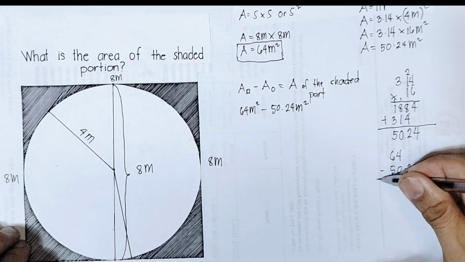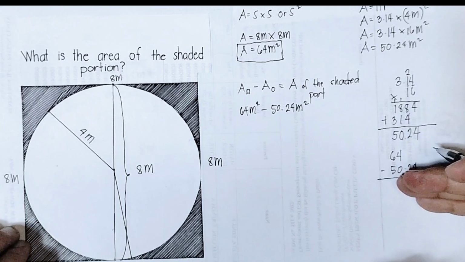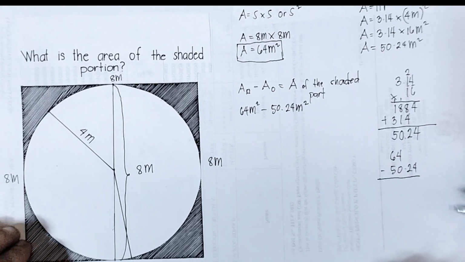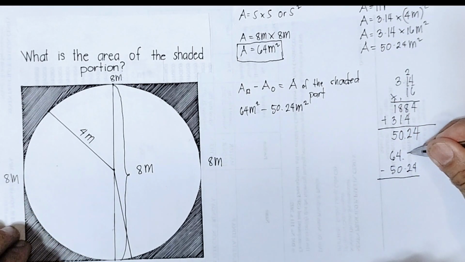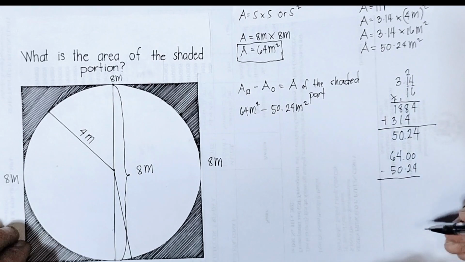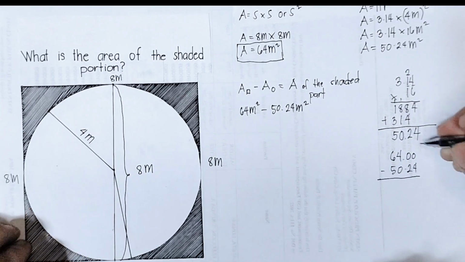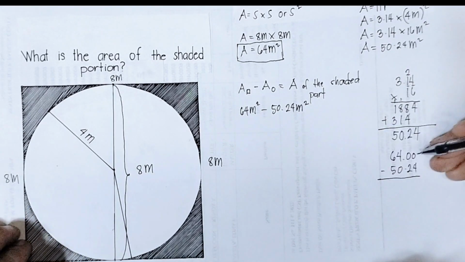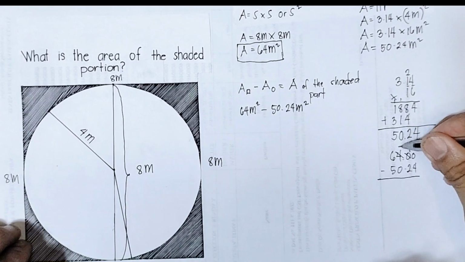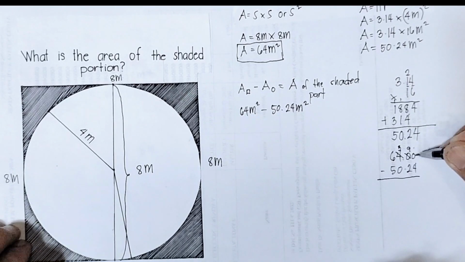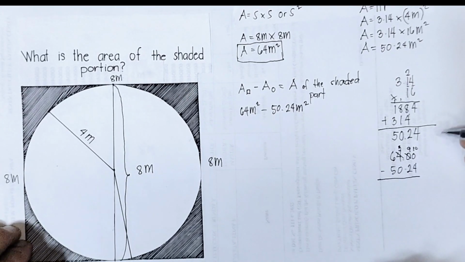Now let's subtract 64 minus 50.24. Remember, 64 is a whole number while 50.24 is a decimal number. We cannot subtract them easily, so we're gonna put 00 here after 64 so we can subtract correctly. So 0 minus 4 cannot be, so we're gonna borrow from the next digit. So this will become 9, the 4 will become 3, and the last 0 will become 10.